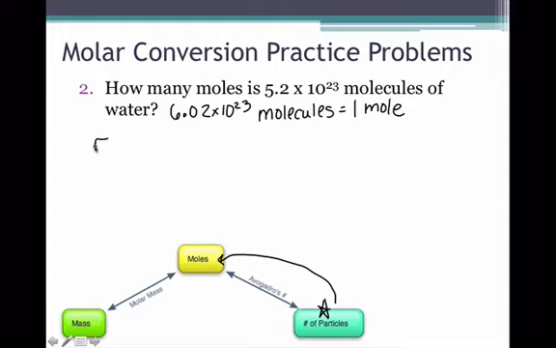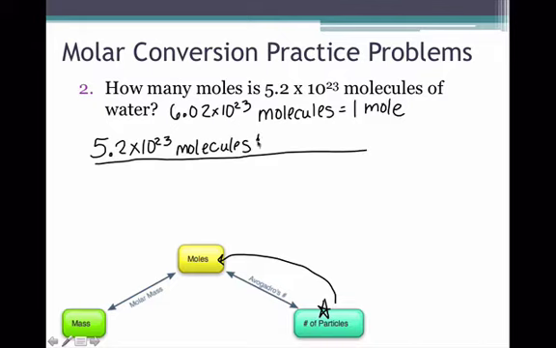So when I set this up, I start with what's given, 5.2 times 10 to the 23rd molecules, and I do my table. I'm going to put the 6.02 times 10 to the 23rd on the bottom because I need the molecules to cancel.